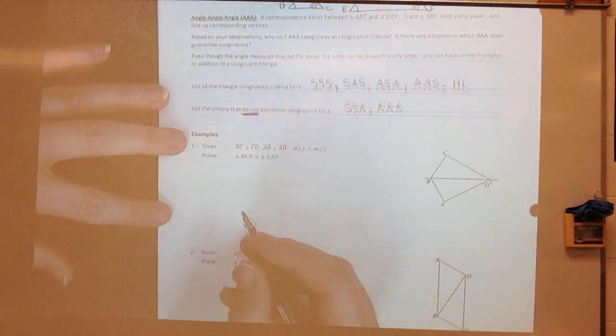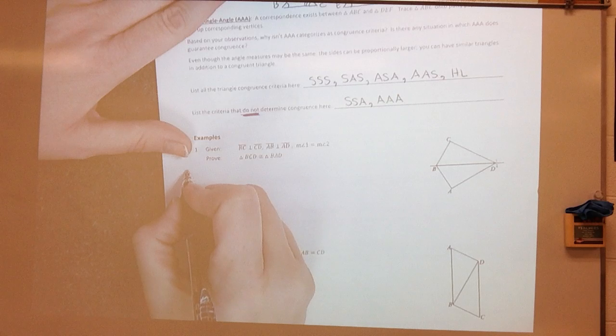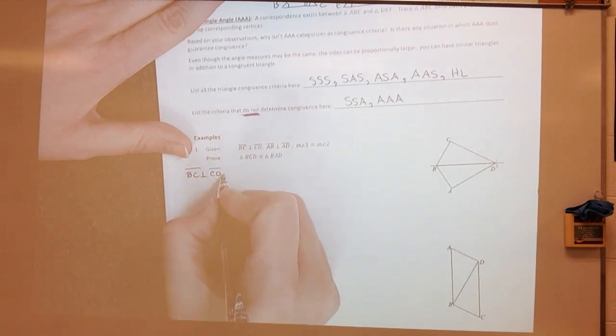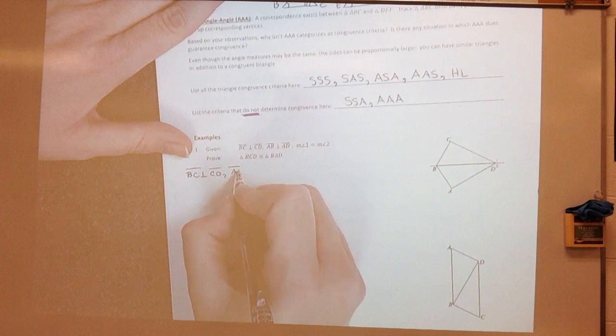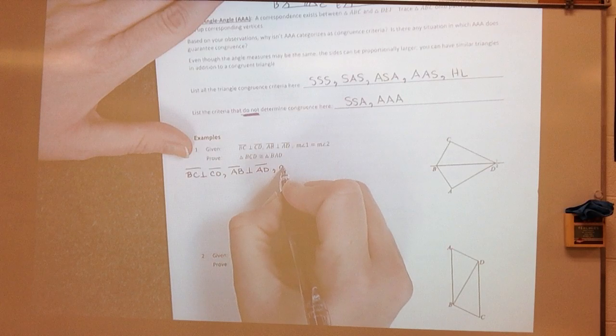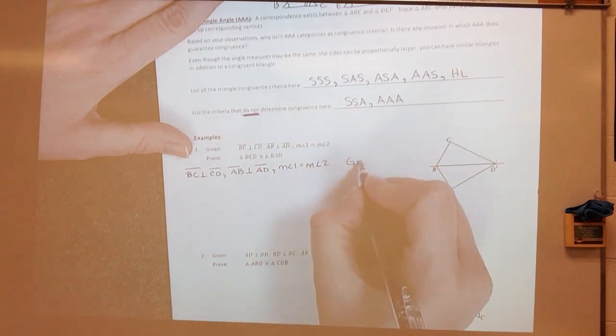Let's go ahead and write down our given. You can create three different steps here, or you can do them all in one step. I'm going to do them all in one step just to save myself a little bit of room. And that's all given.